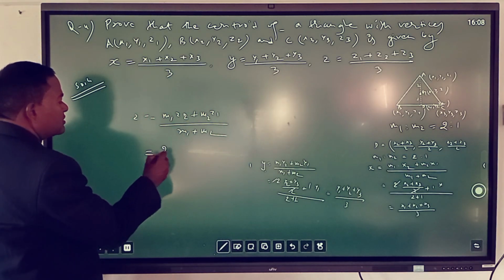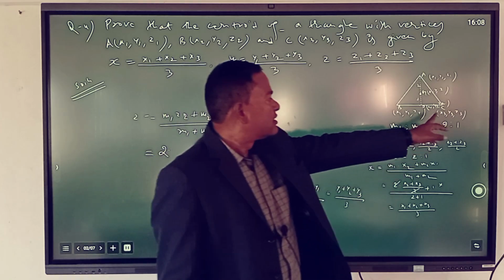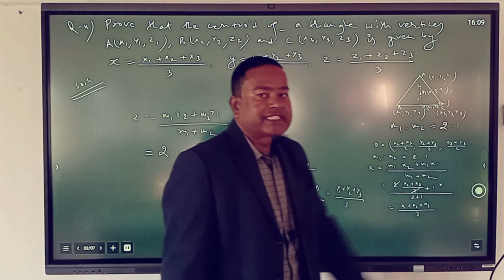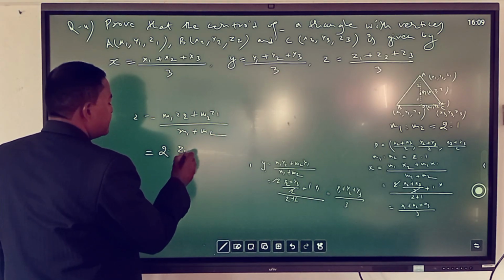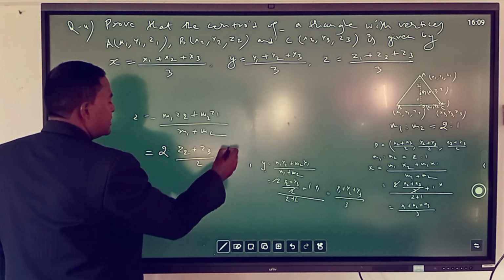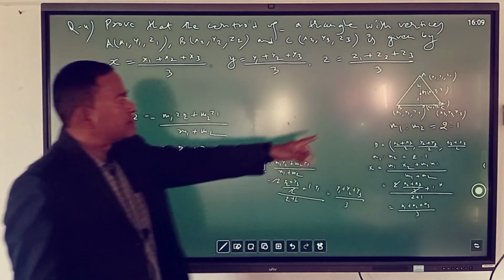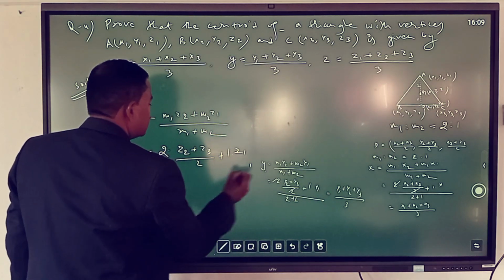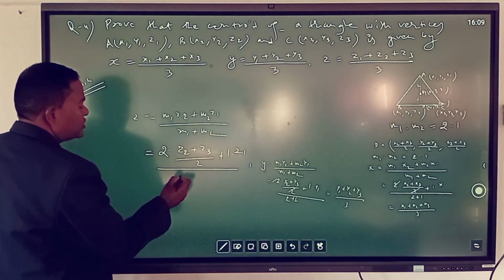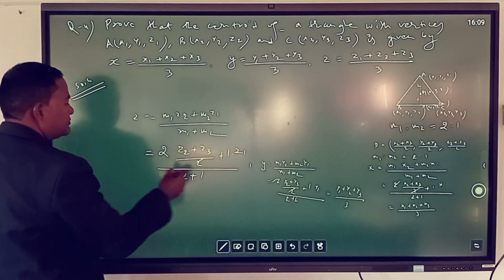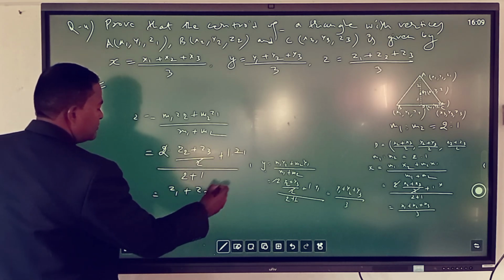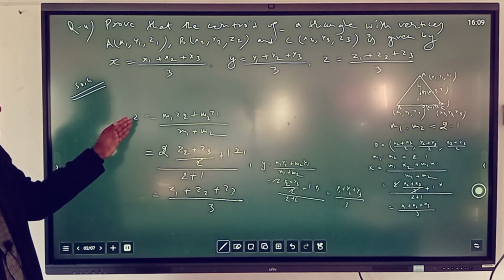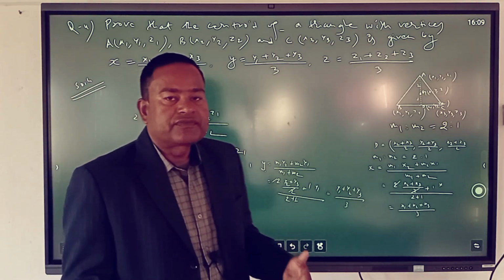So m1 means 2 and z2, z2 means the z coordinate of the point D, which is z2 plus z3 divided by 2. m2 means 1 and z1 means the z coordinate of the point A. m1 plus m2 means 2 plus 1. So dear student, by simple calculation we have got the z coordinate of the centroid of triangle ABC.